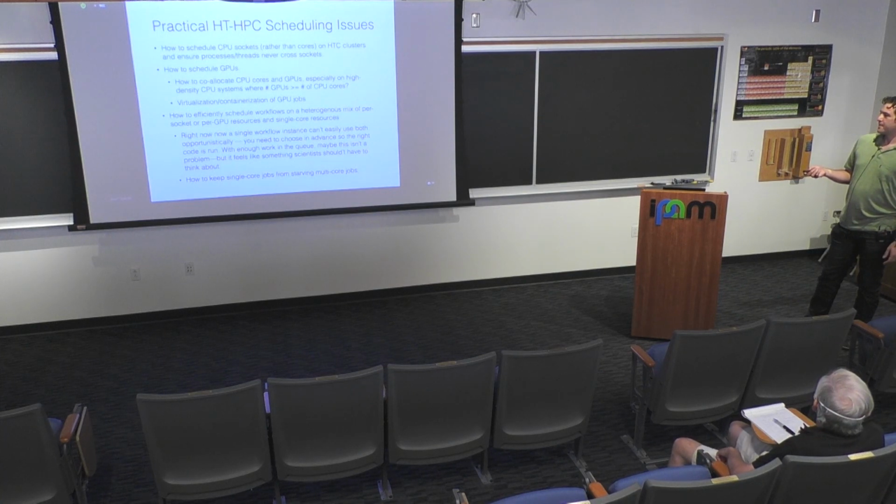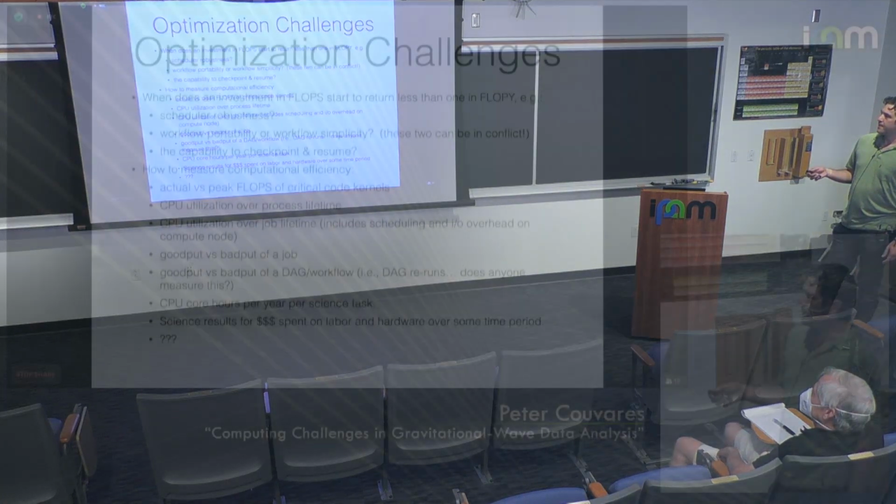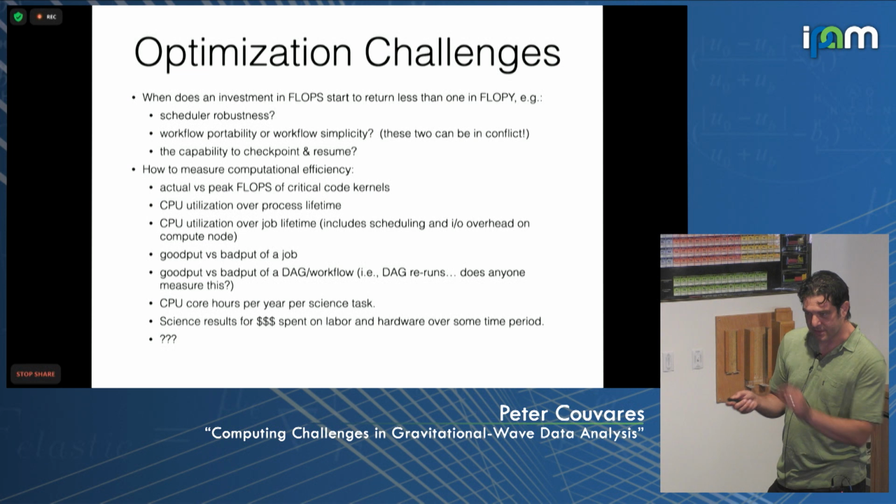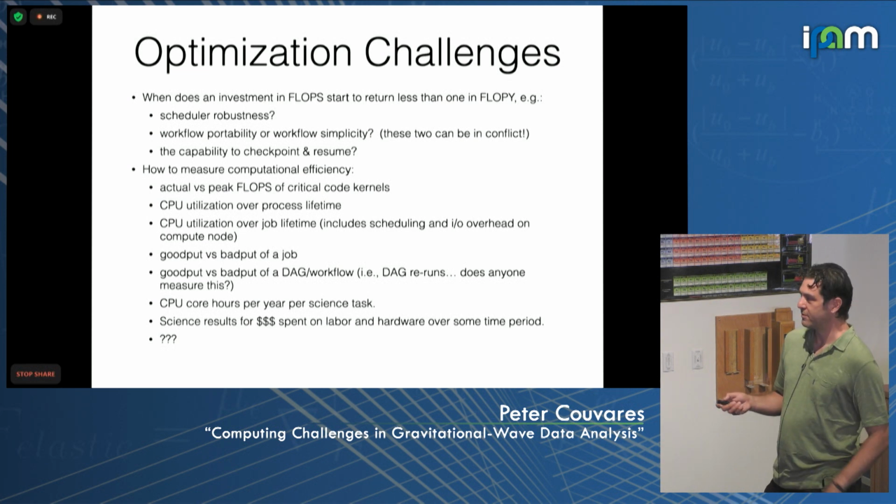et cetera, et cetera. And this gets to, again, the really interesting optimization challenges, in my opinion. They aren't how to make this code in a hot loop run faster. It's when does an investment in floating point operations per second start to return less than an investment where you're focusing on floating point operations per year.